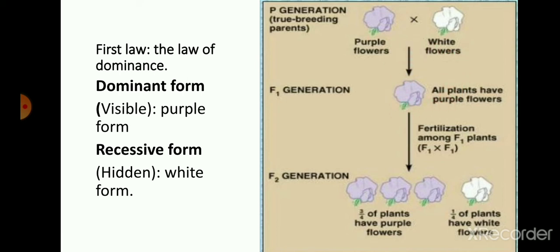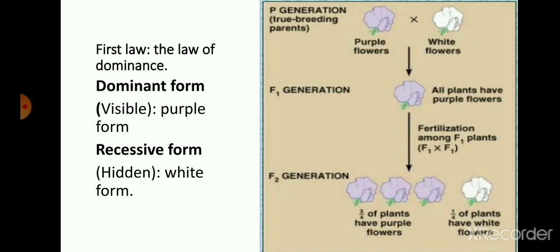This happens because of the presence of one dominant gene which suppresses the expression of the recessive allele in the F1 generation. But when we fertilize the F1 generation by self-pollination, the F2 generation gets three flowers with purple color and one with white color.